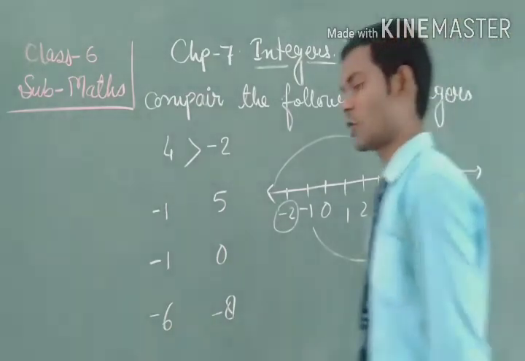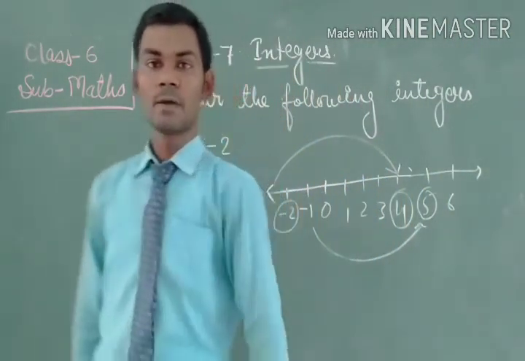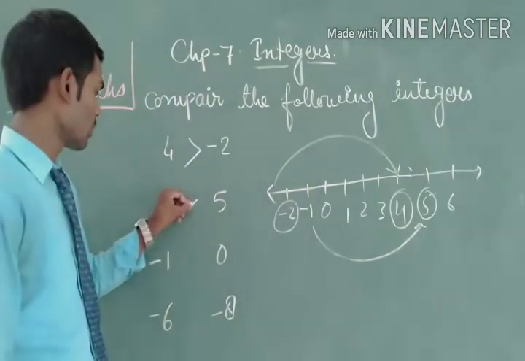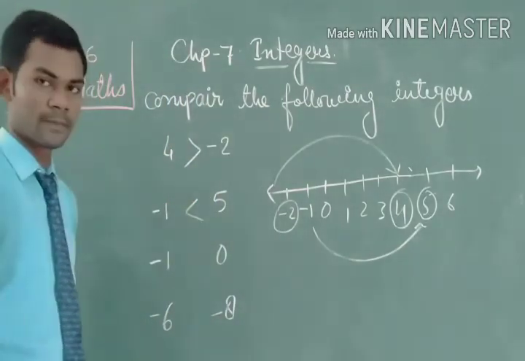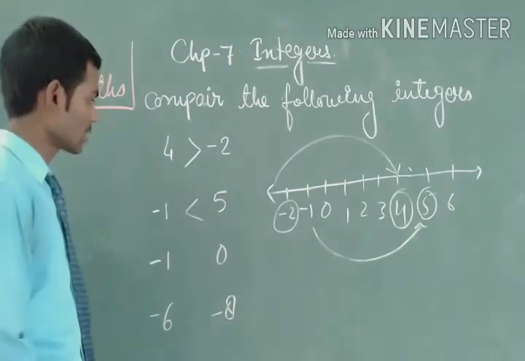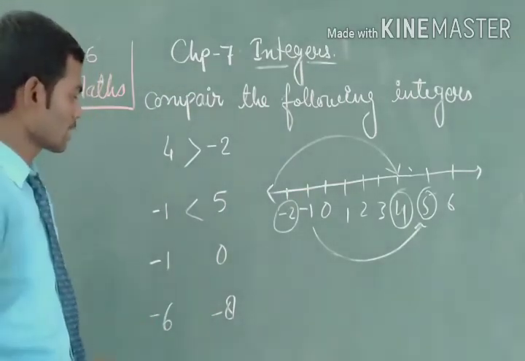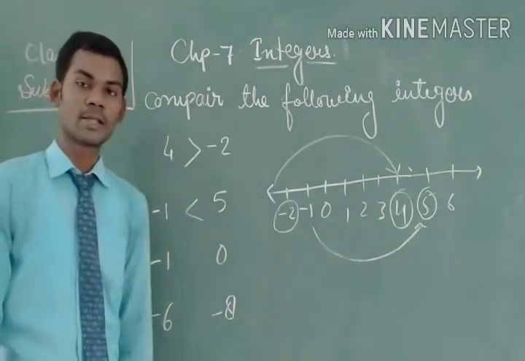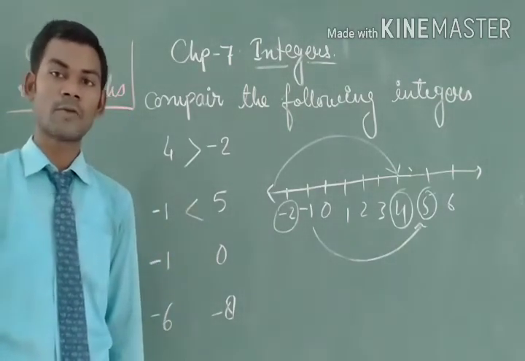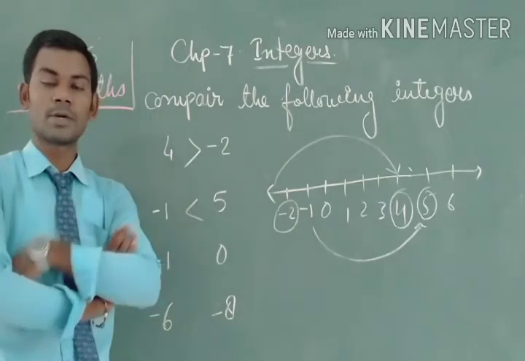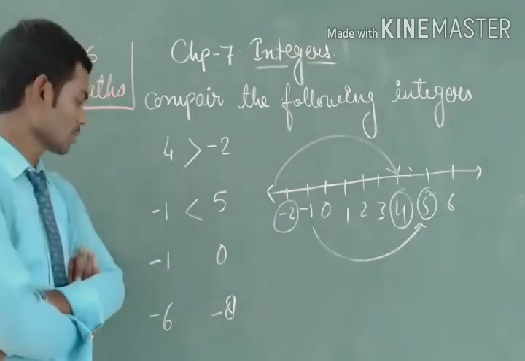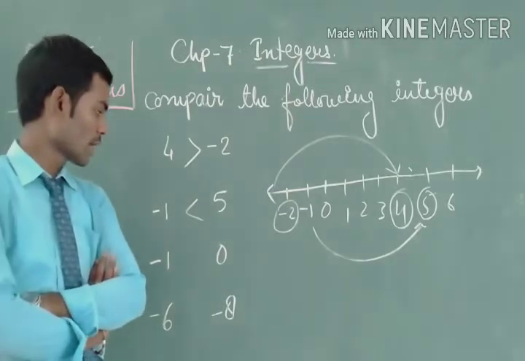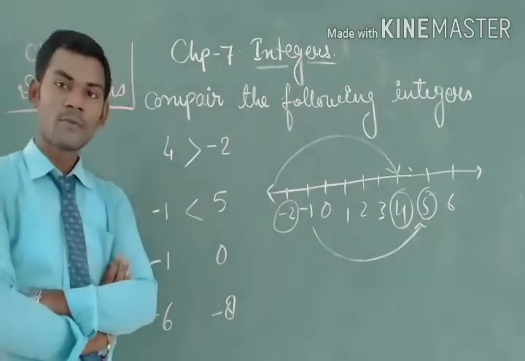Therefore -1 is smaller than 5. You can also apply another concept: 5 is positive and -1 is negative, and positive numbers are always greater than negative numbers. Therefore we can say that -1 is less than 5, or that 5 is greater than -1.